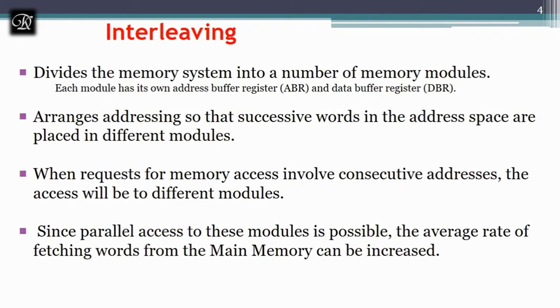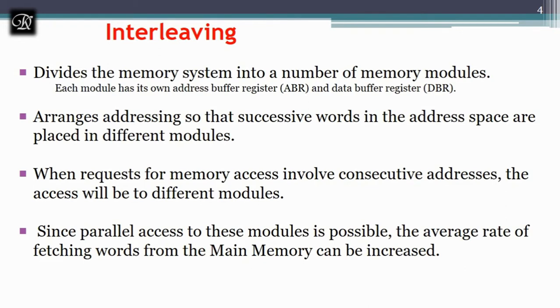First we'll see interleaving. Interleaving is about dividing the given memory system into a number of memory modules logically. Each memory module will have two buffers. One is an address buffer register, the other is a data buffer register. It is just like a MAR and MDR. MAR is the memory address register, and MDR is the memory data register.